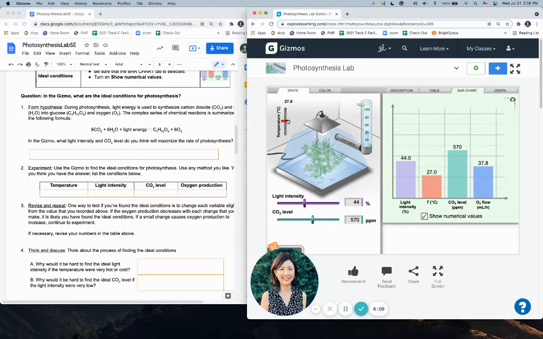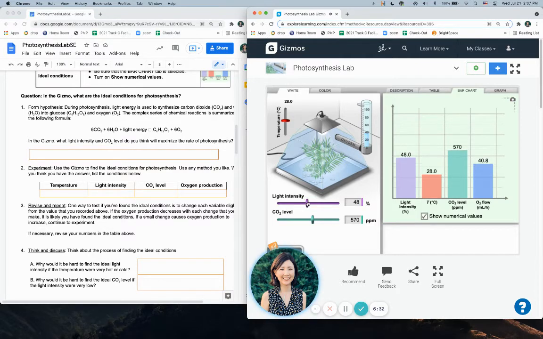It's 37.8, around 27. So that looks like an optimal temperature. Yeah, around 27.